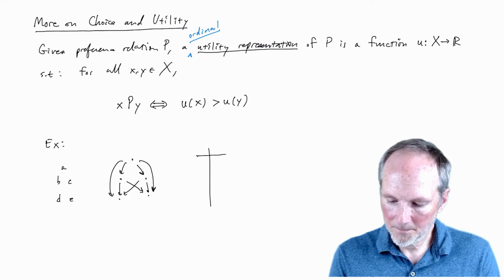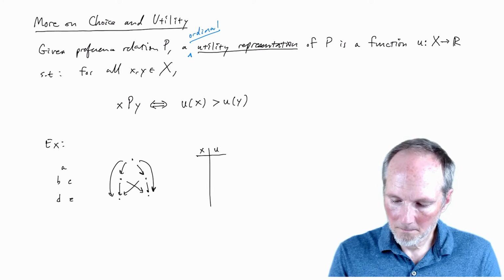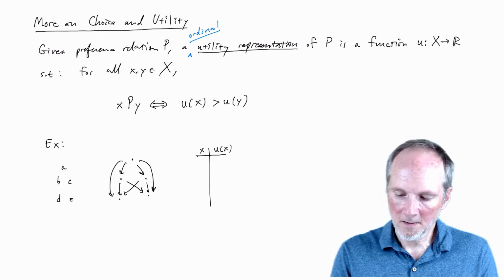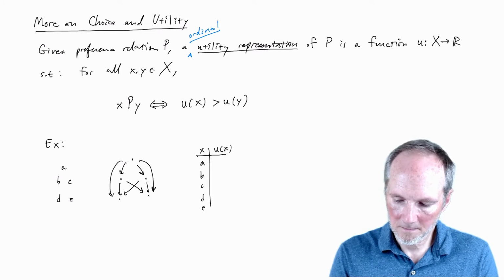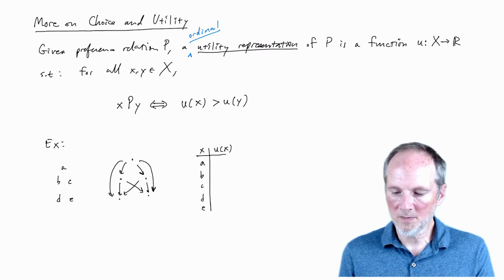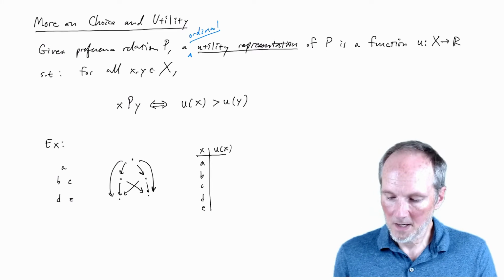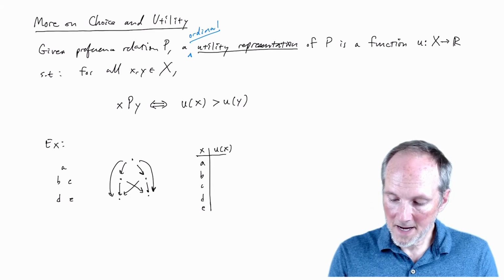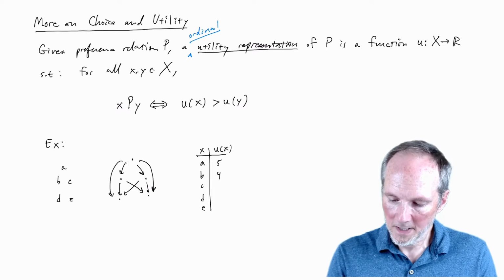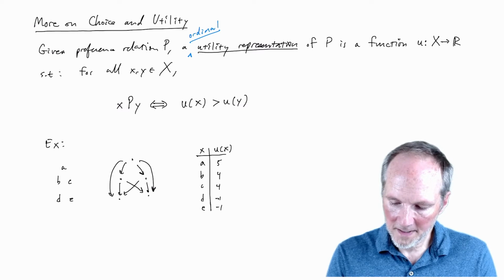In the left-hand column, I'm going to arrange the alternatives, and in the right-hand column, I'm going to assign numbers to those. So let's do some assigning. We could give A a 5 and B a 4 and C 4, D let's say -1 and E -1.